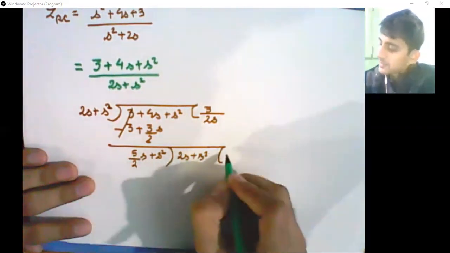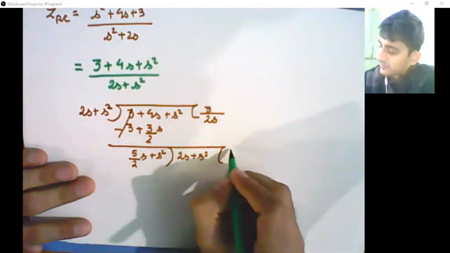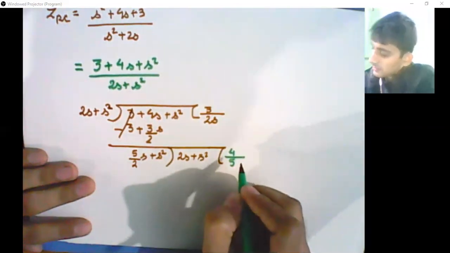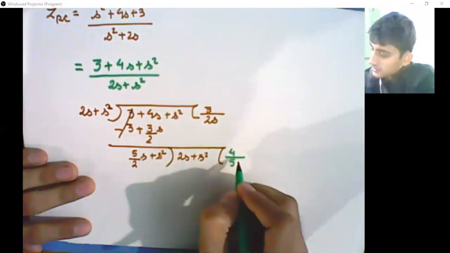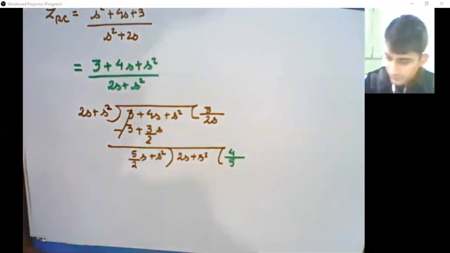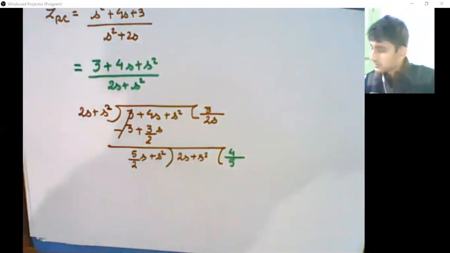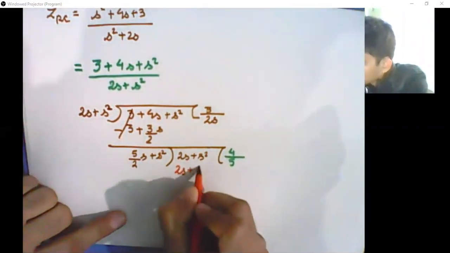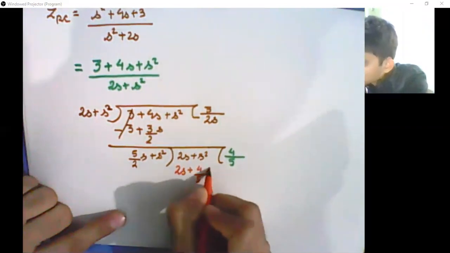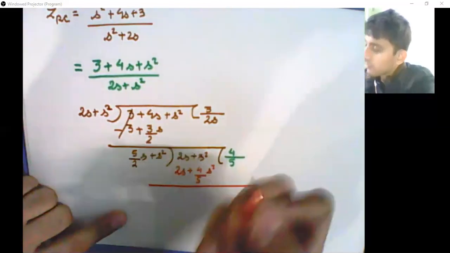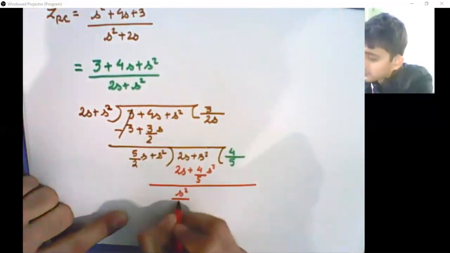So if I multiply it by, let's say, 4 by 5, I will get 2s. So this will be nothing but 2s plus 4 by 5 s square. If you subtract it, you will be left with 5 minus 4 is 1, s square by 5.